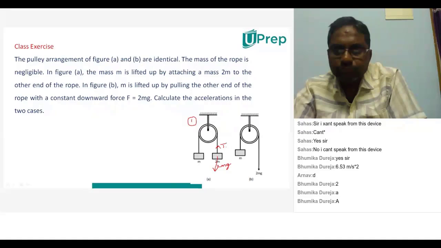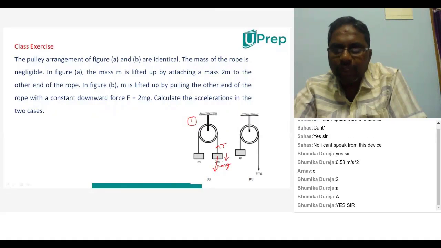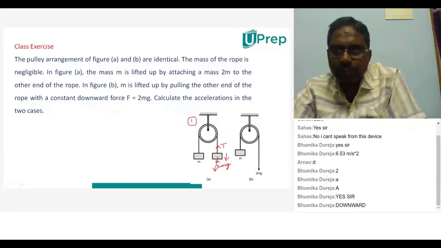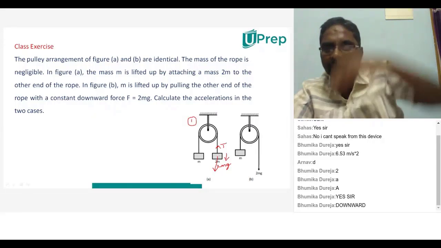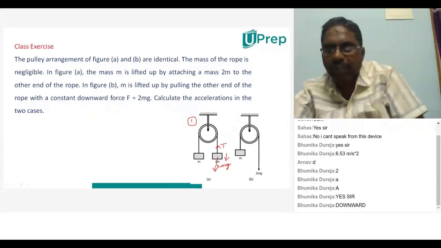Yes, sir. Right. Now will the resultant force be downward or upward here? As 2 mg is there, definitely the downward force will be more. Now here mass m is there and here mass 2m is there. So as the bigger mass is on the right side, definitely the rope will come down on the right side. That is already given in your problem.